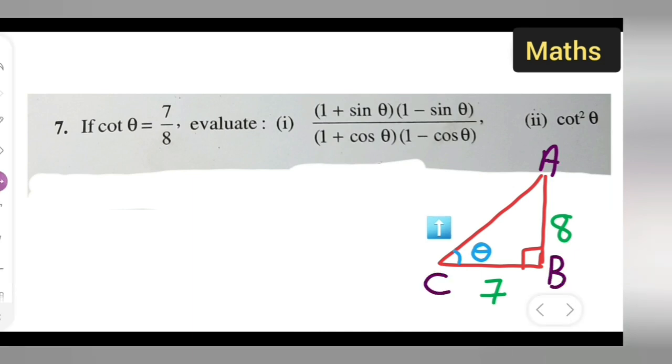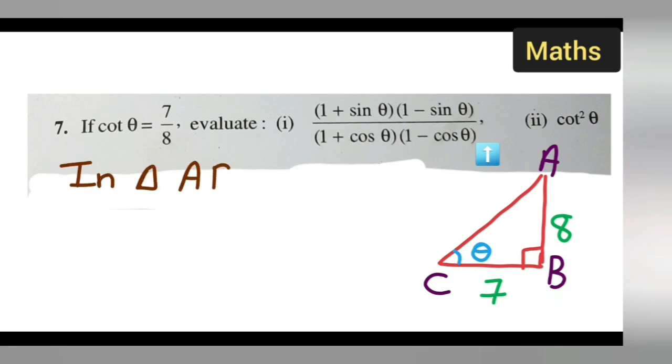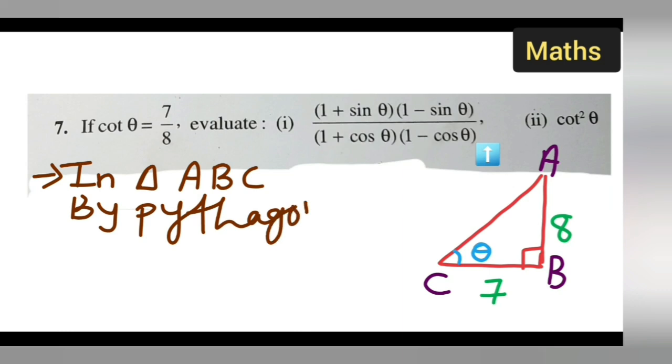So let us find out this side AC. Okay, so we will be using the Pythagoras theorem. So write down in triangle ABC, you all can start writing this by Pythagoras theorem.